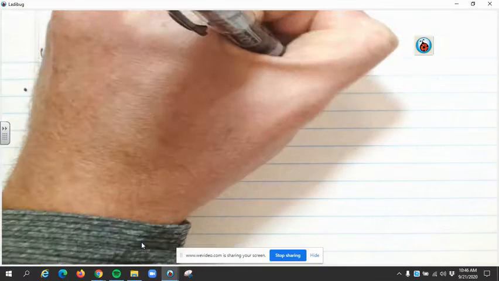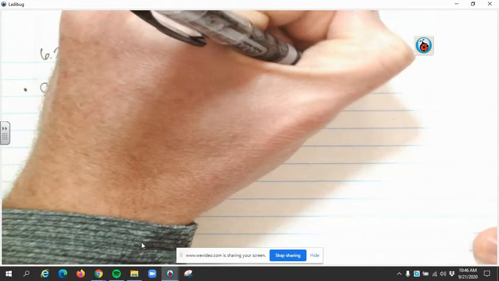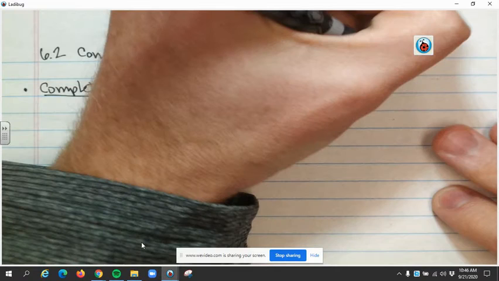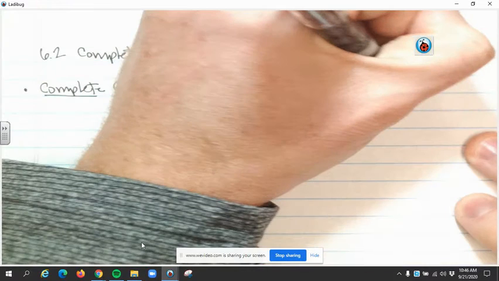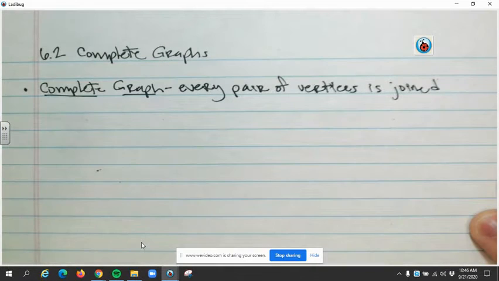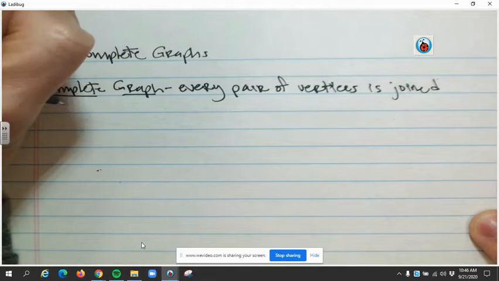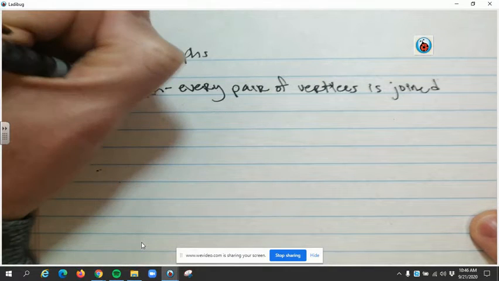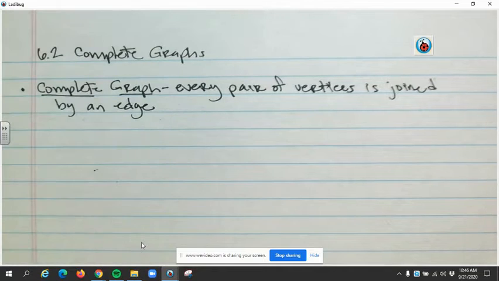Every pair of vertices is joined by an edge. If definitions make sense to you, then great. For me, I'd rather see a picture than read a definition.